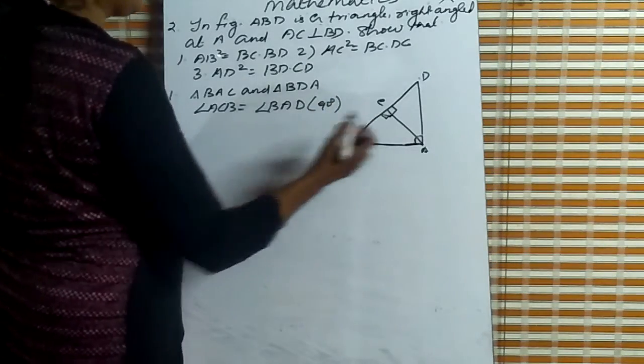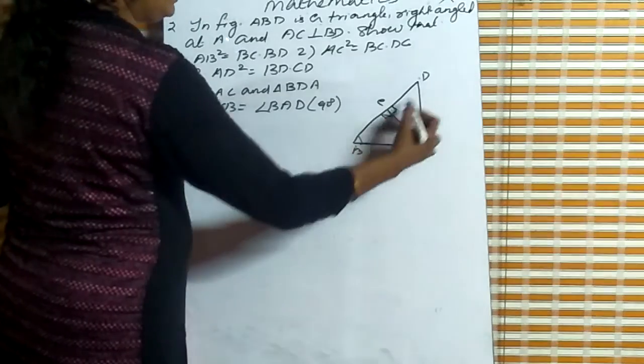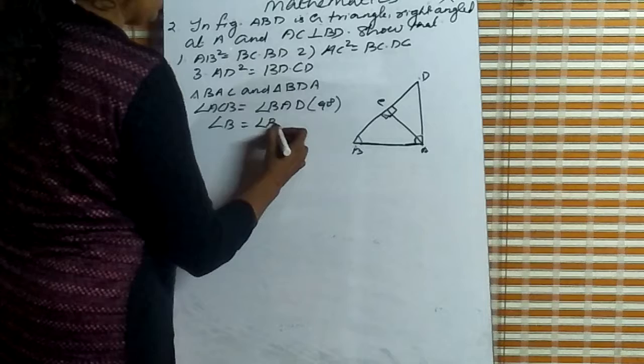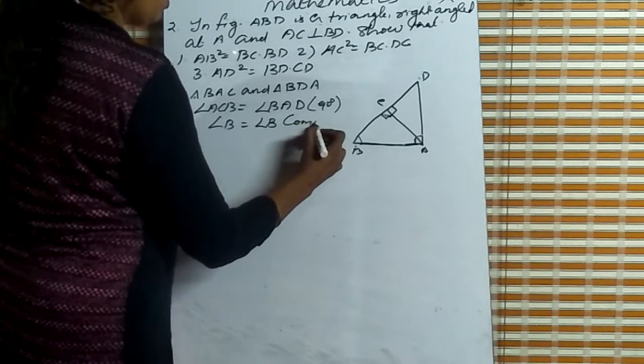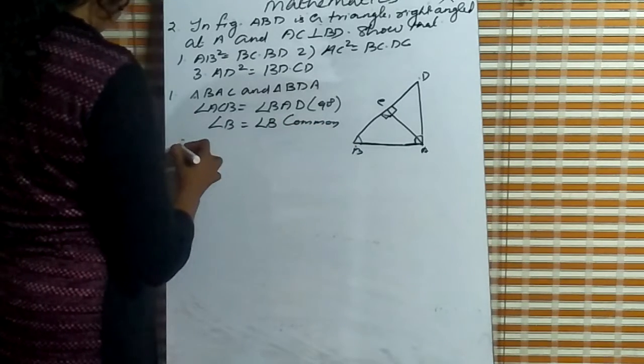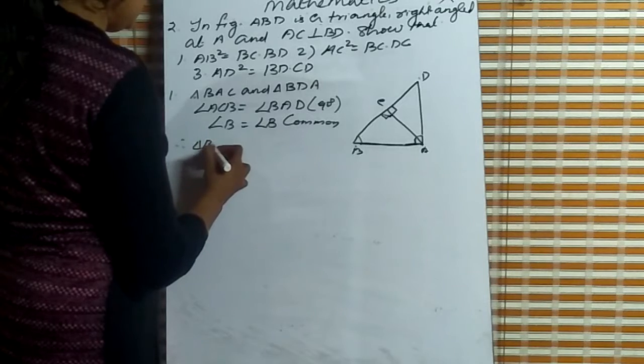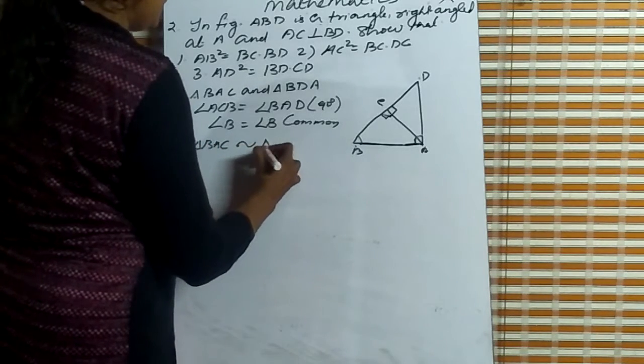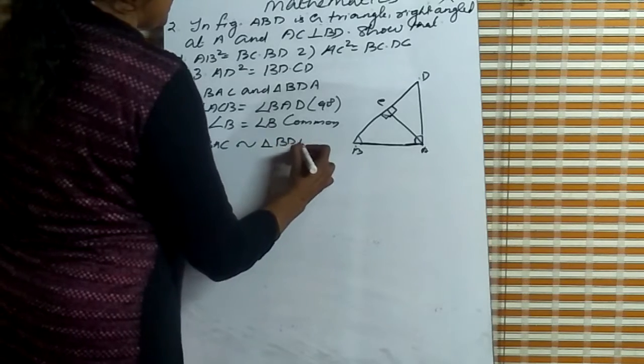Then which angle is common? This angle B is common for both the triangles. Angle B is equal to angle B, common. Therefore, triangle BAC is similar to triangle BDA.